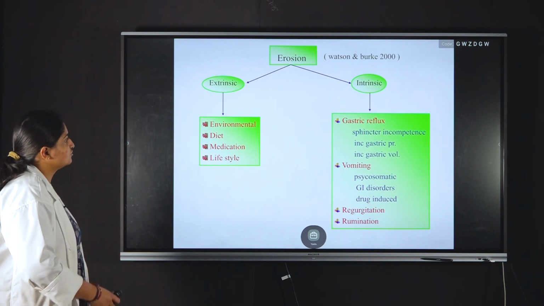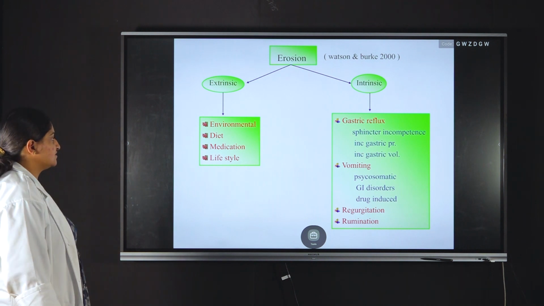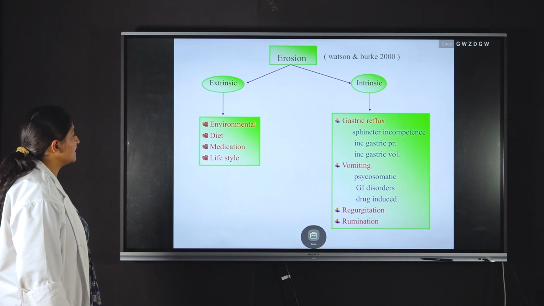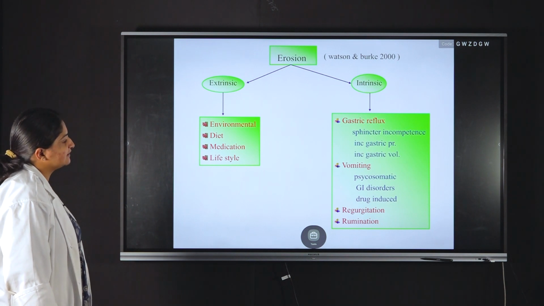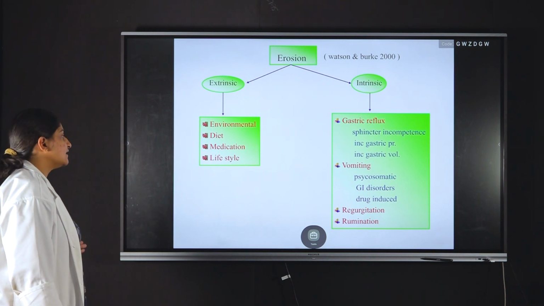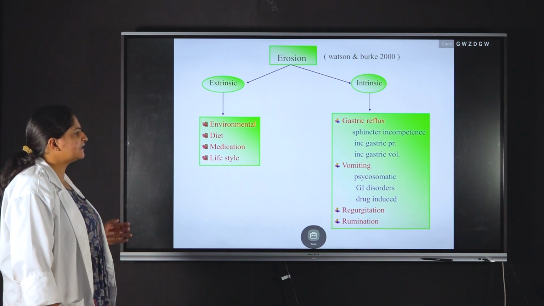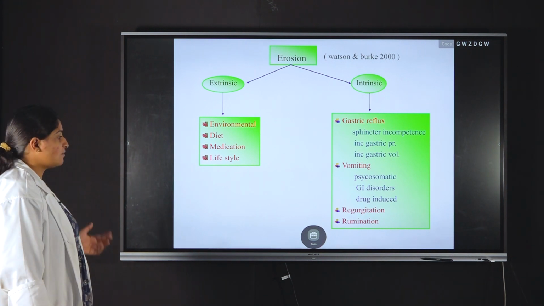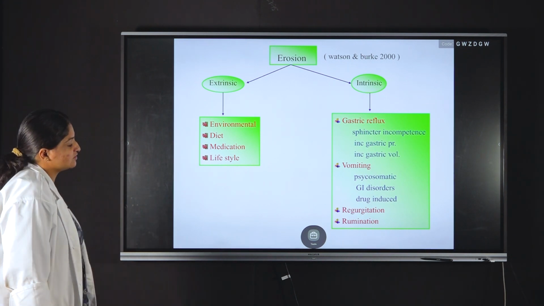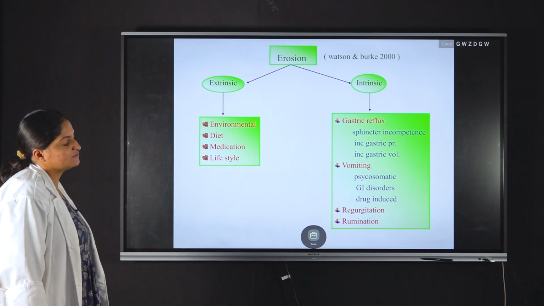Coming to the erosion, Watson and Brooke in 2000 have given extrinsic and intrinsic strains. So the extrinsic are the environmental, diet, medication and lifestyle, and the intrinsic are the gastric reflux, that is sphincter incompetence, and it may happen due to increased gastric volume or increased gastric productivity. So the vomiting or psychosomatic gastrointestinal disorders and drug induced regurgitation and rumination.